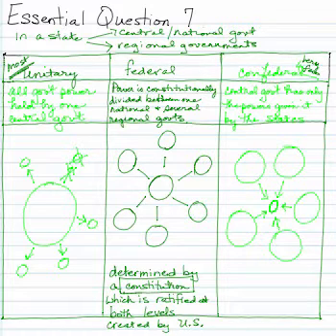Unitary government is a situation in which all government power is held by one central government. All government power held by one central government.